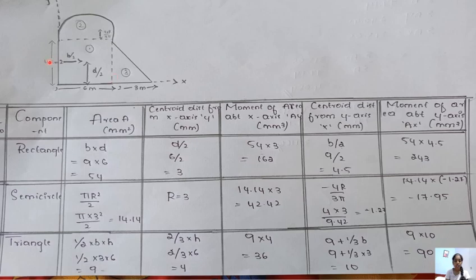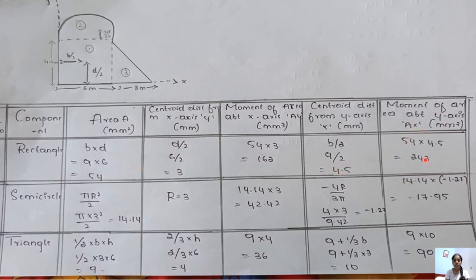So 9 plus 1 by 3 into b, where b, the breadth, is 3. So 9 plus 1 by 3 into 3 is 10.